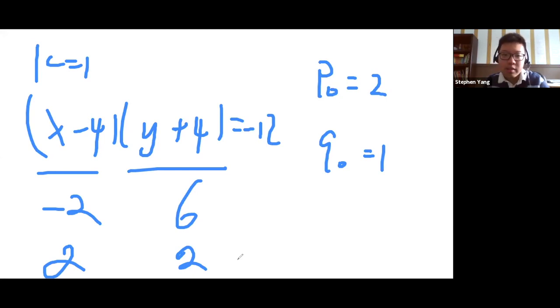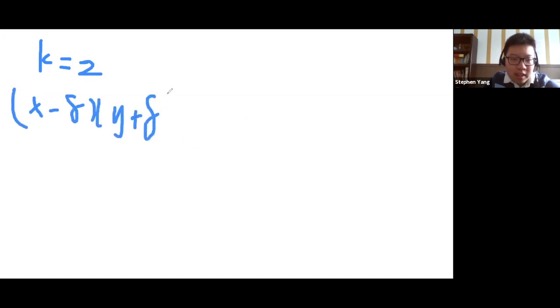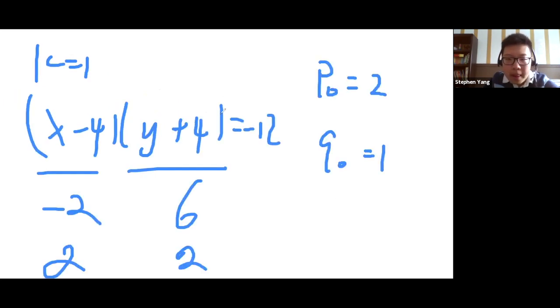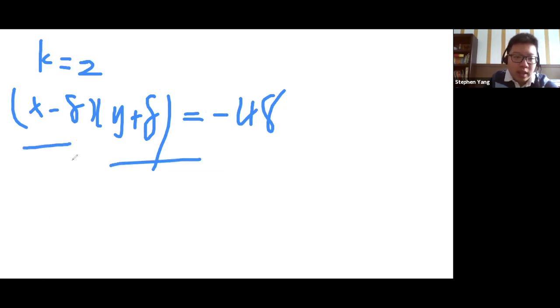Now this satisfies, because P0 squared minus 3Q0 you get 1, and P0 squared minus 4Q0 you get 0. That also is a square, and the greatest common factor is 1. So this solution satisfies. And then when K is equal to 2, that means X minus 8 times Y plus 8 is equal to negative 48. So once again, this number could be a negative number, this cannot.